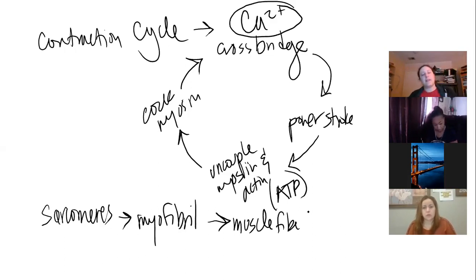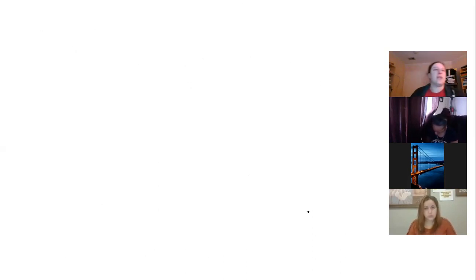And so that can translate to what happens at the level of the muscle. So then when we look at the next level of physiology, we start to look at what happens to individual fibers. So now we're looking at the level of cells.